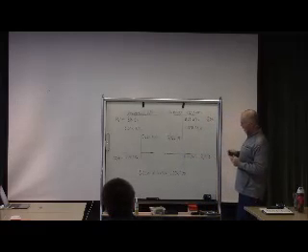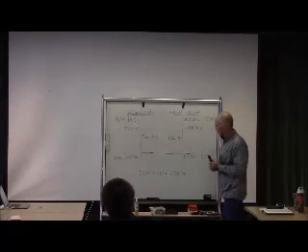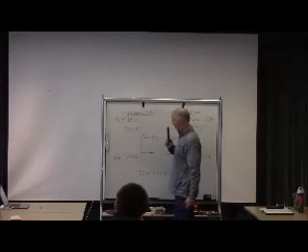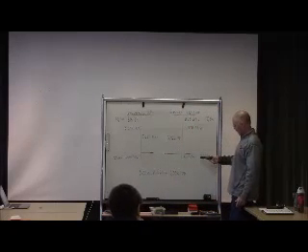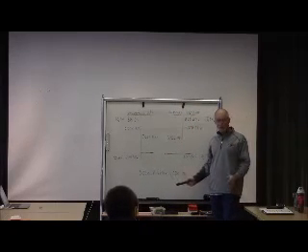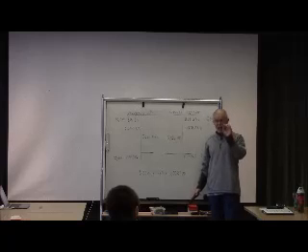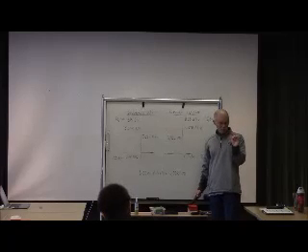So, I know 5 things. Beginning and ending balances of this account, beginning and ending of this account, my sales revenue. I want to come up with cash received from customers.